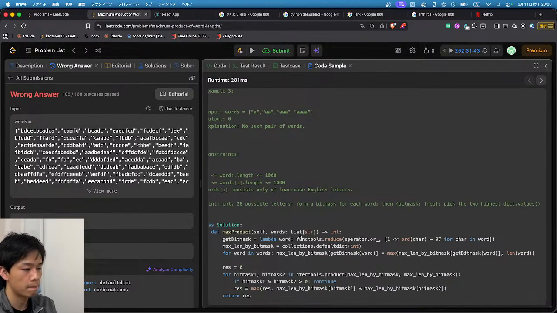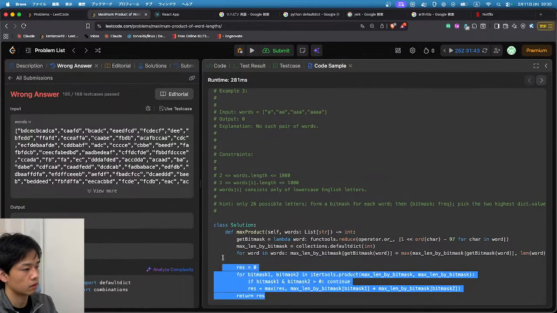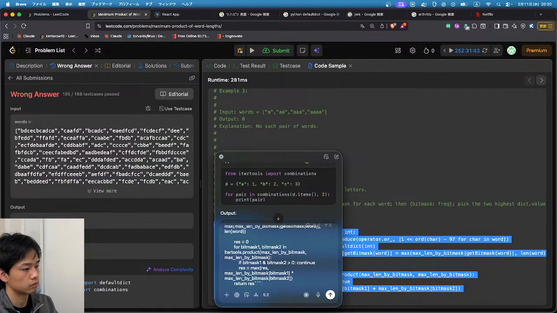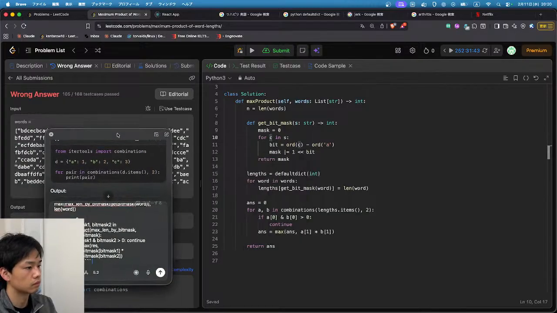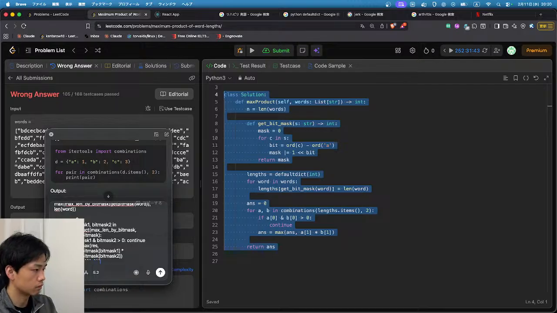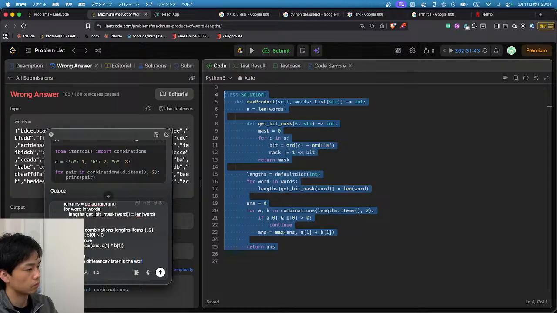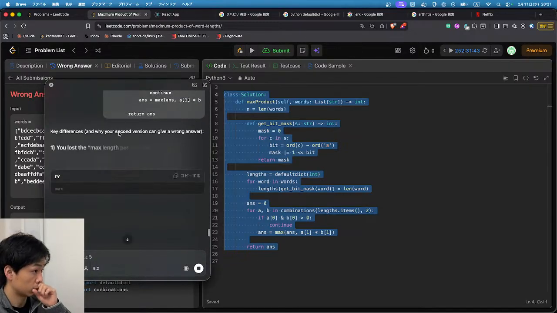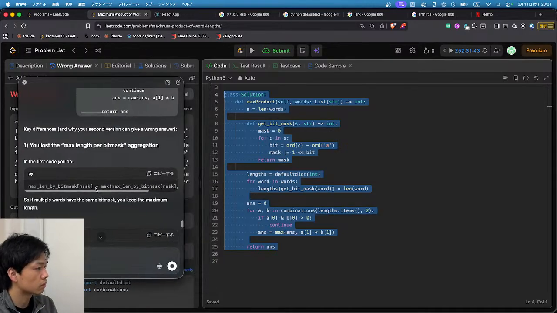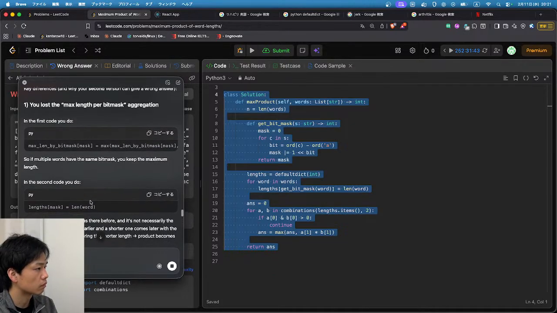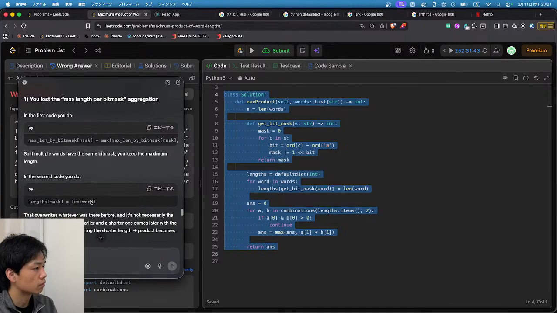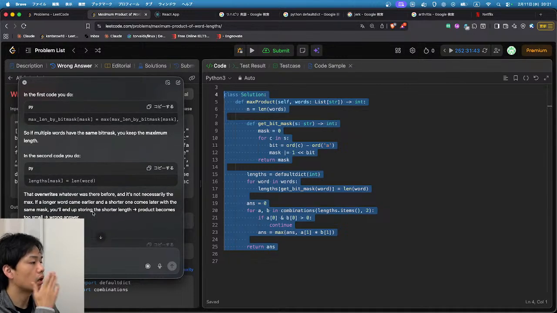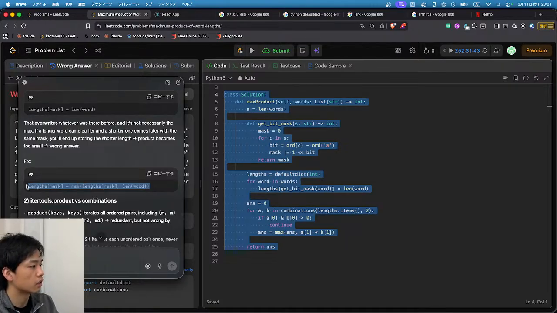What is the difference? I see. I think so.